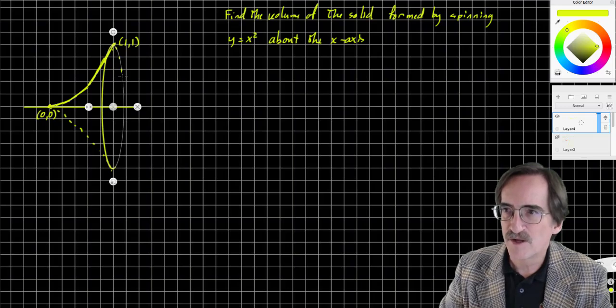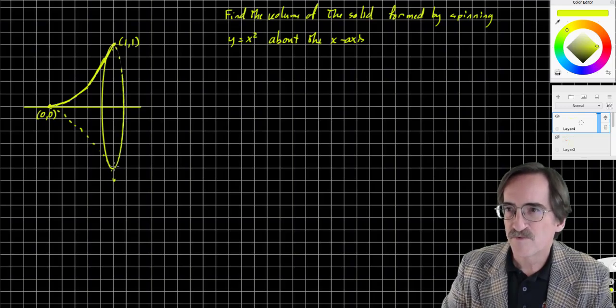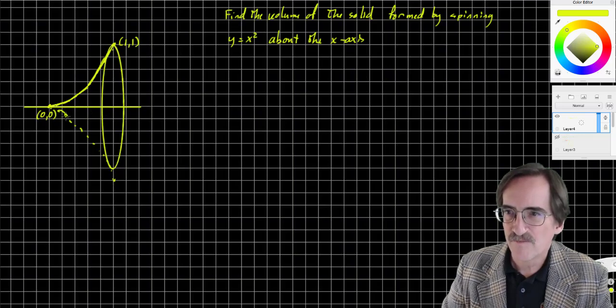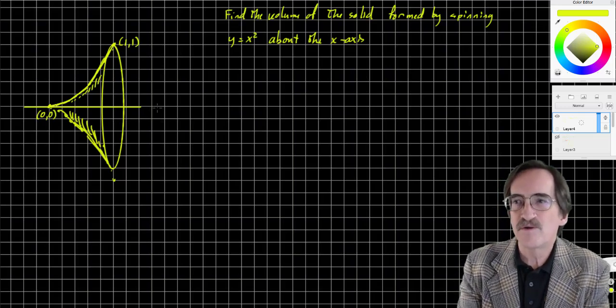And I misdrew that. So we'd have a circle of rotation like this. So it'd create kind of this funnel shape of rotation. A little hatching to give it a 3D appearance here. Okay.